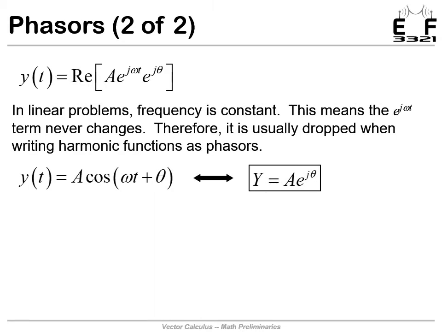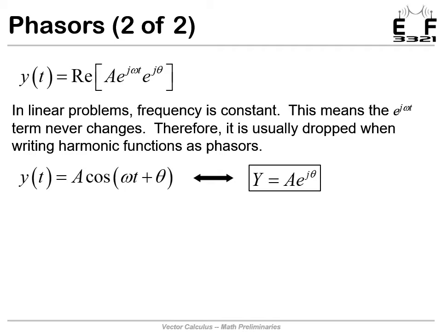The reason that we get rid of that is because in a linear system, frequency never changes. So if we're doing a long derivation, we'll just keep writing e to the j omega t and keep writing that, and it never changes. So in fact, we ask the question, why even write it then? So in fact, in phasor notation, almost always that e to the j omega t is just not written.